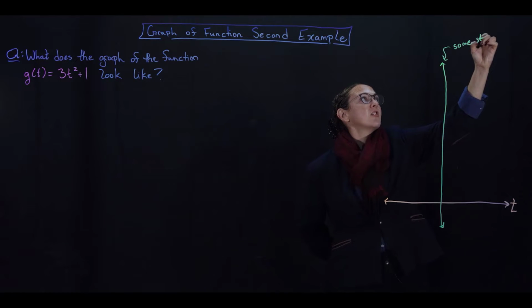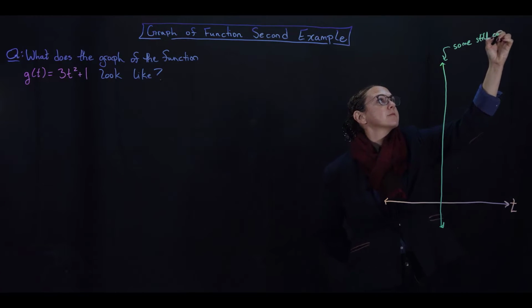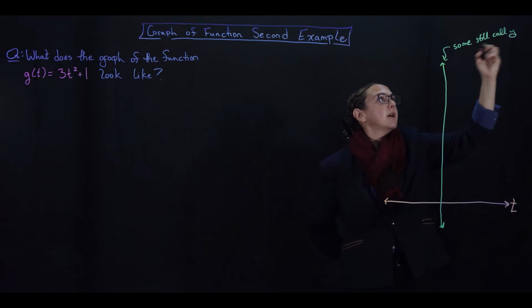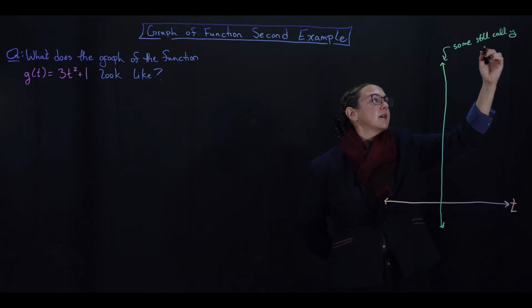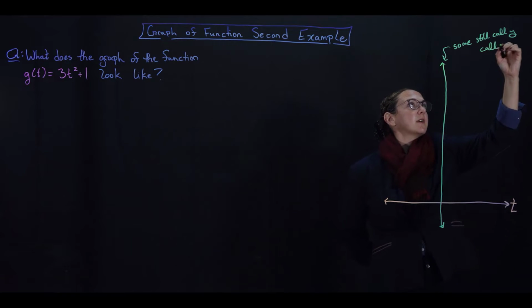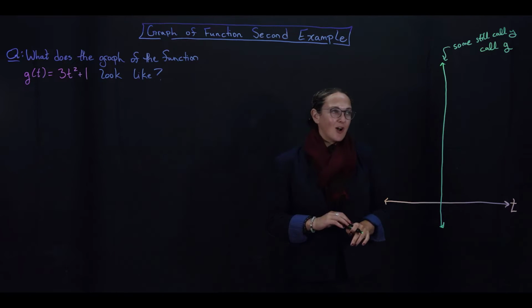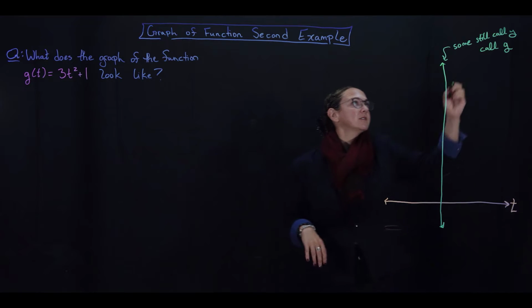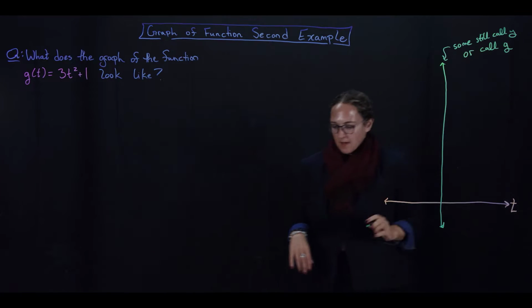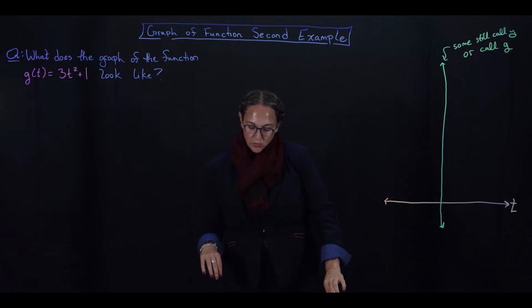Some still call it y, and another thing that people might call it is actually g, because it's what the output is. It just depends on who the person is.